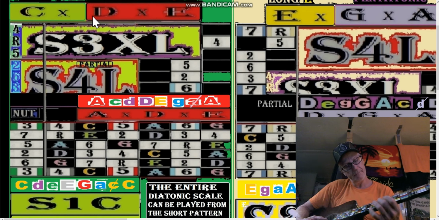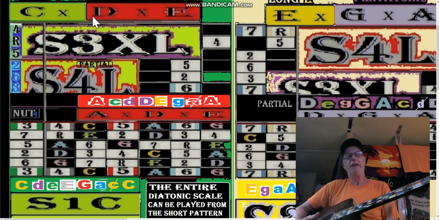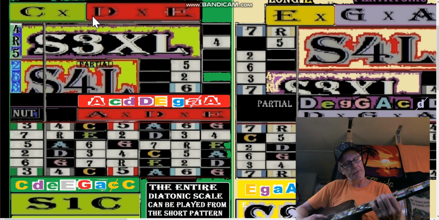Okay. That's what it is. You have to double those things, you know. So this string would be. Now that one's just because they're sharing the 6th. A shares the 6th with the G string shape.